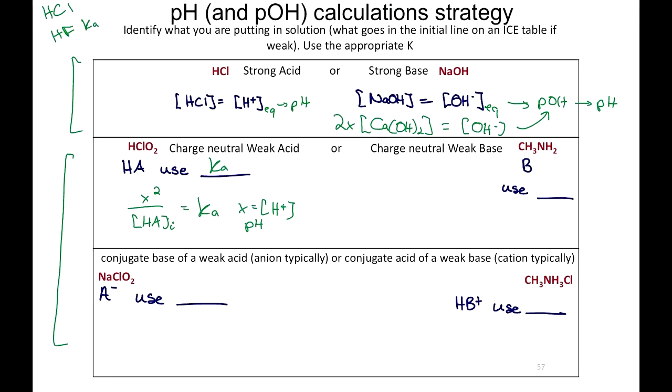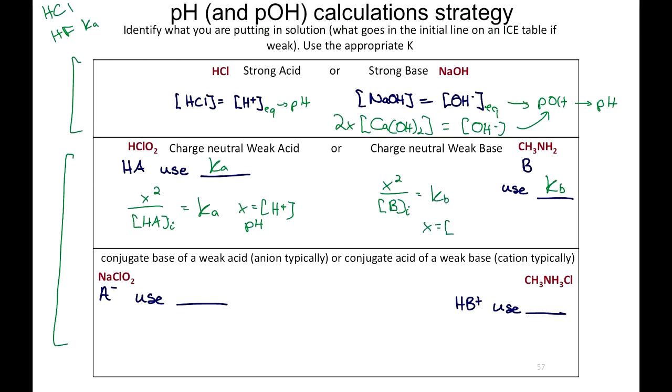Versus if you put a base into solution, so what is this? Methylamine. This is a weak base, so it's most appropriate to use a Kb expression instead. If we go ahead and calculate the pH of this weak base, the ICE table is still going to be x squared over initial concentration of the base, but it's equal to Kb now, where x is equal to the concentration of what?